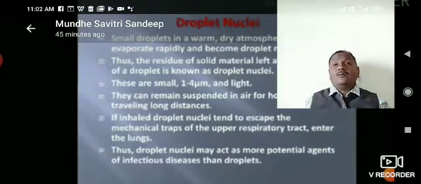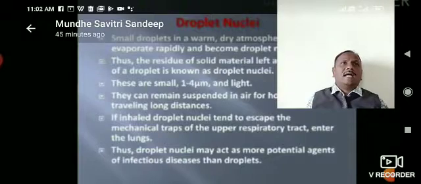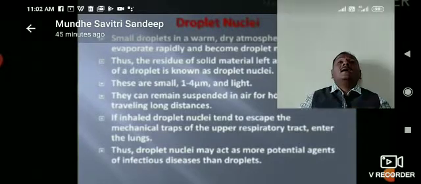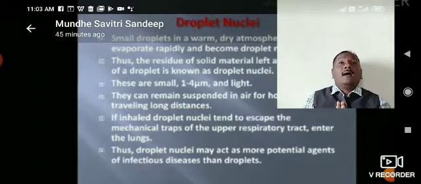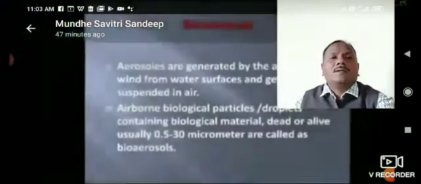Due to the dry condition, after evaporation of the water from the droplets, the droplet nuclei are very concentrated with microorganisms. There is no side effect of environmental factors on the droplet nuclei.